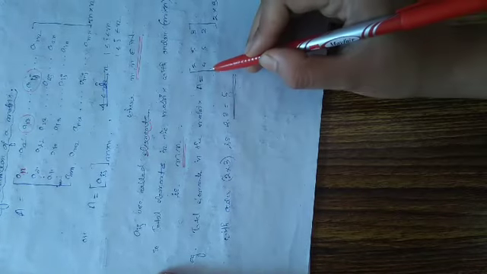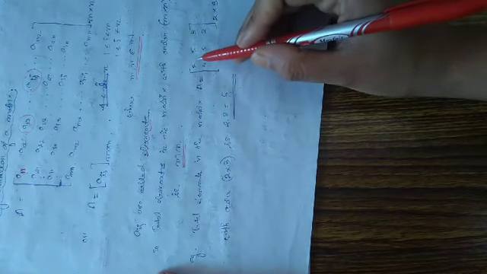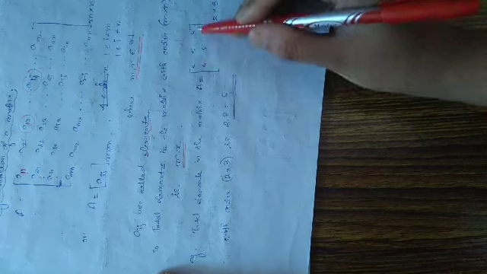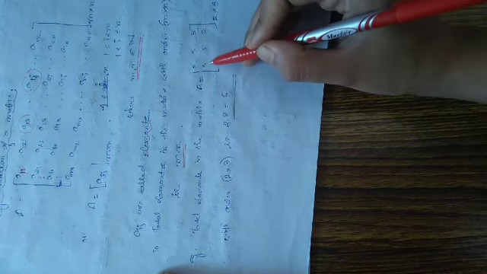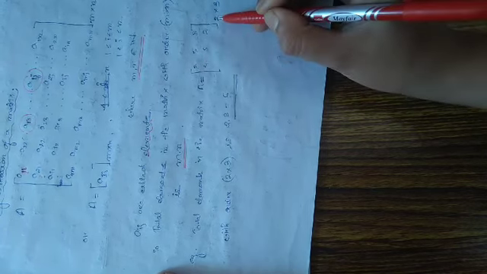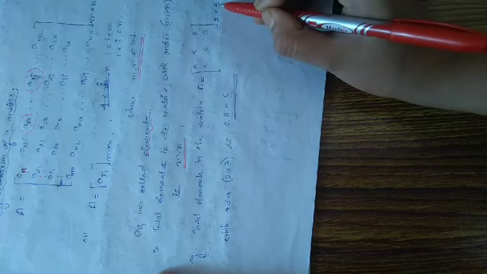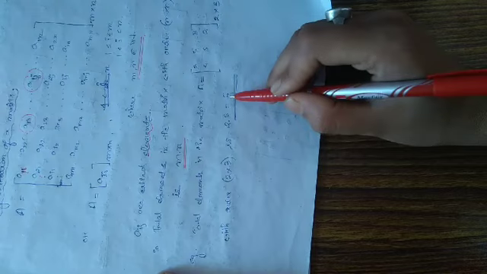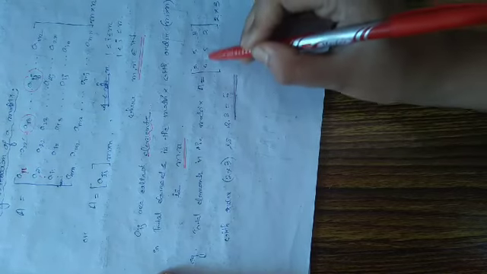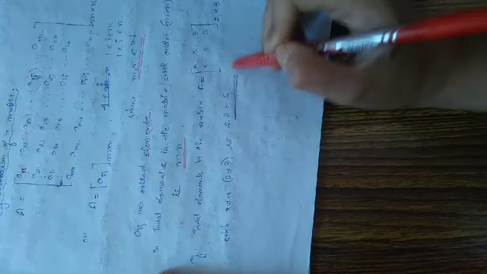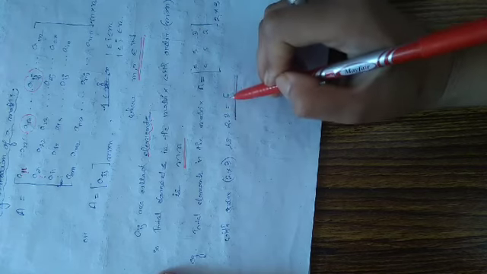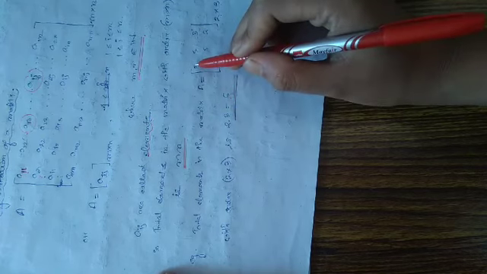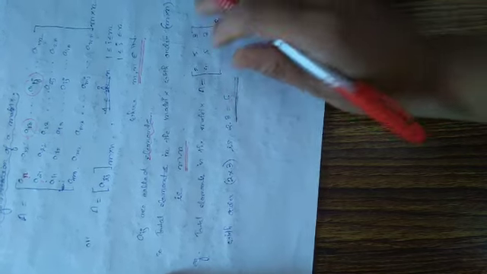So for example, if we take this matrix A, how many rows are there? 2 rows, 2, 5, 3, and the second row 4, 5, 2. The order of the matrix is what? 2 cross 3. So number of elements will be what? 2 into 3, 6. 1 2 3 4 5 6. Clear? So verified. By this formula we have got 6, and by usual calculation 1 2 3 4 5 6.